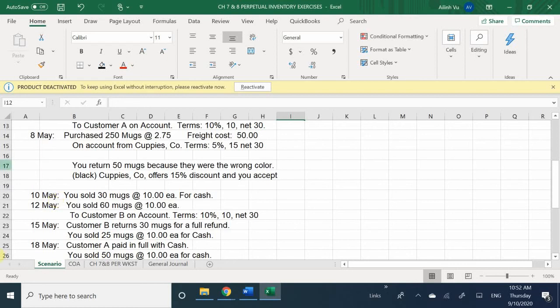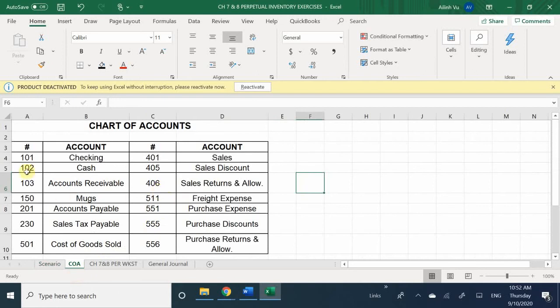So let's look at our chart of accounts again. What accounts are we going to be using this time? Is it truly a discount? Wouldn't it be an allowance? Wouldn't it just be accounts payable and mugs? Good job, Julie. Of course, I was trying to trick you with that question.